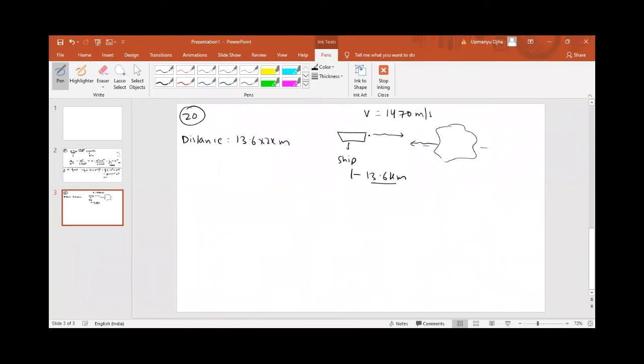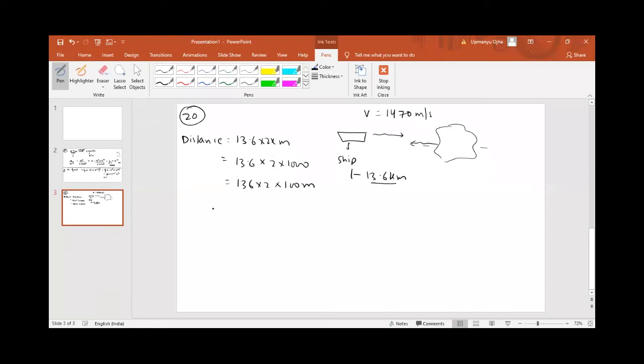In meters, it would be 13.6 into 2 into 1000 meters, so you'll get something around 136 into 2 into 100 meters. That is the distance traveled by the wave.